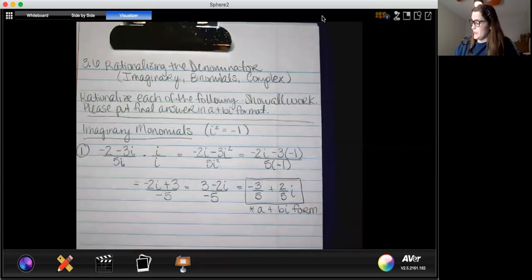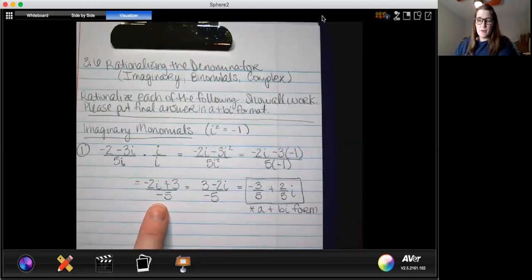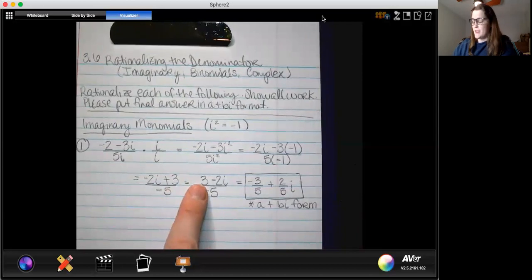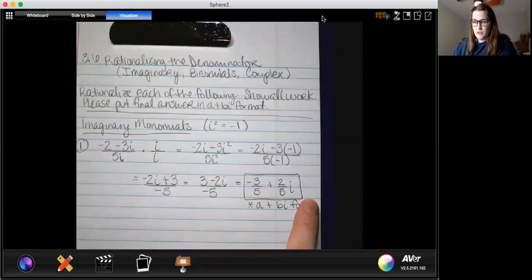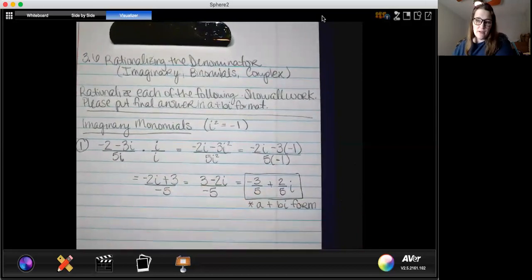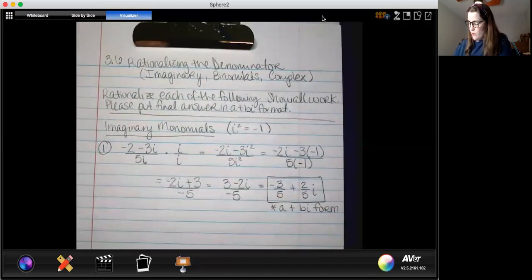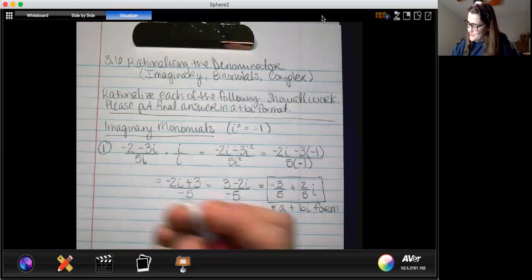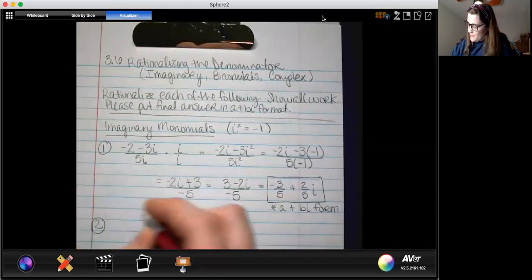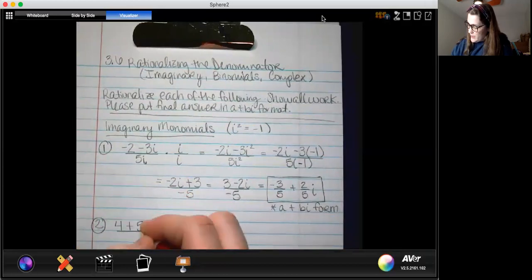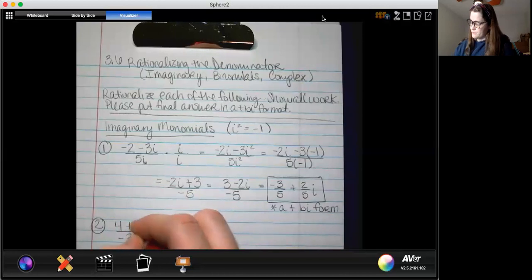Okay. So again, although this was as simplified as possible, we first needed to make the numerator a plus bi format, and then we made the entire answer a plus bi format, which will obviously go faster in the future. Let's try number 2. 4 plus 5i divided by -3i.